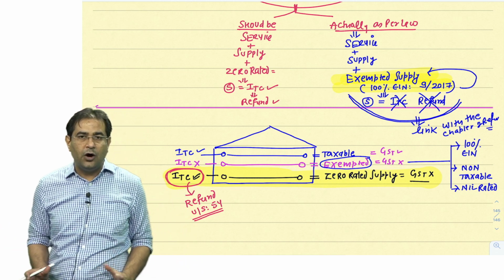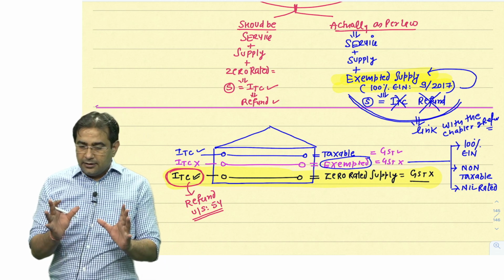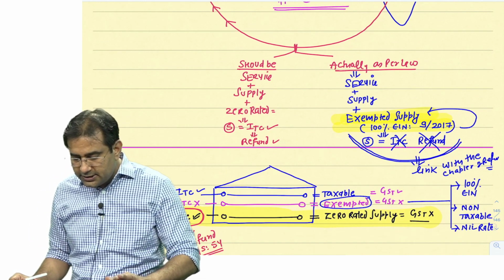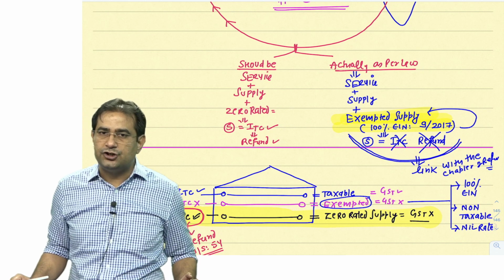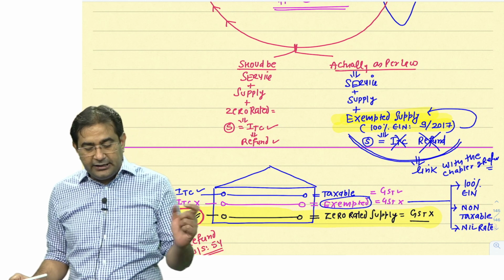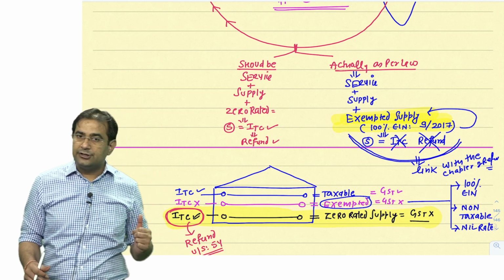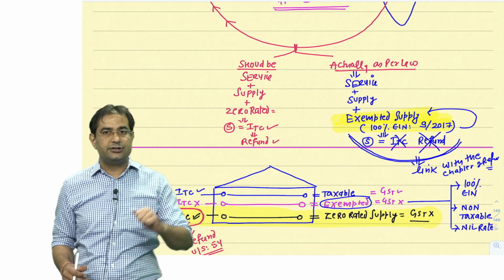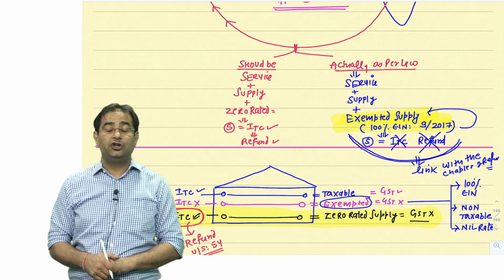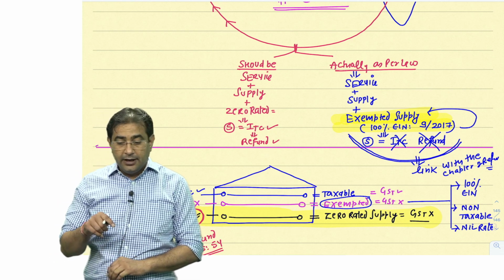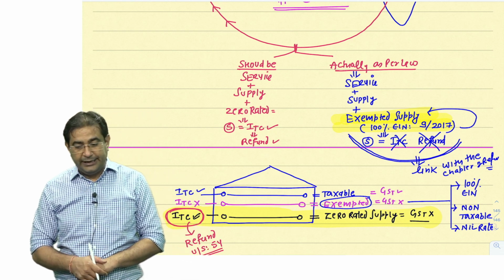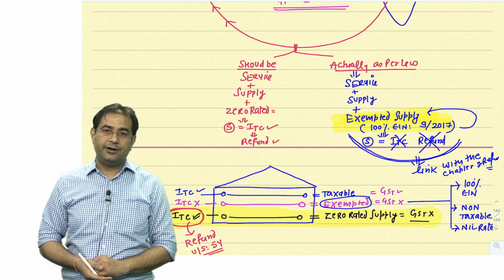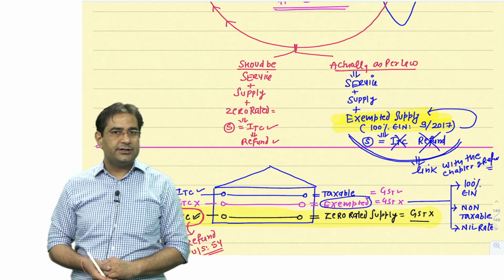But as of now, the picture before all of us is that the government tries to cheat. When the transaction is between deemed distinct persons, they charge GST under reverse charge mechanism. But when we talk about export, at that time they say it will be treated as exempted services.